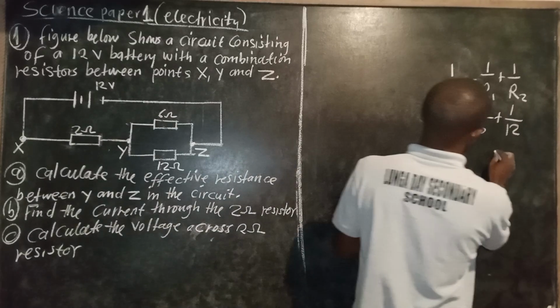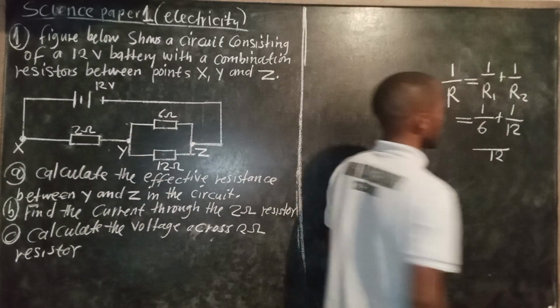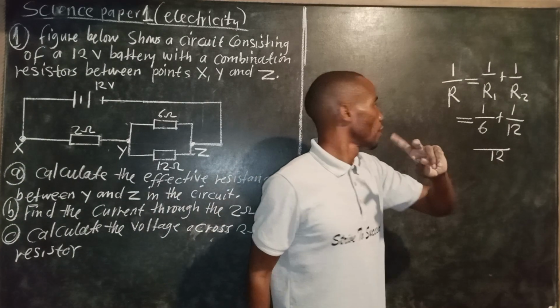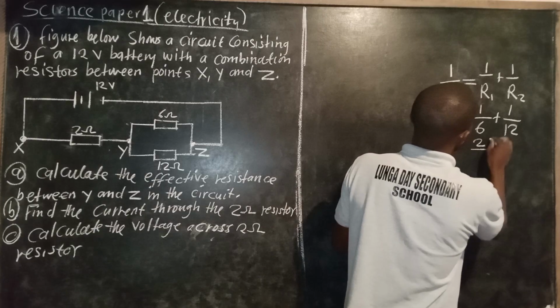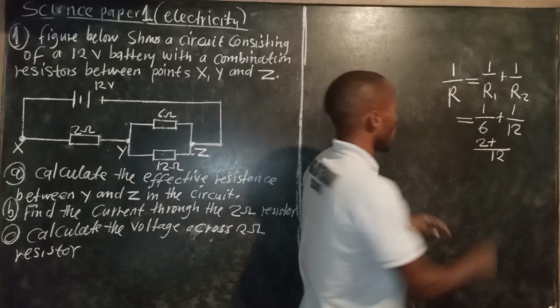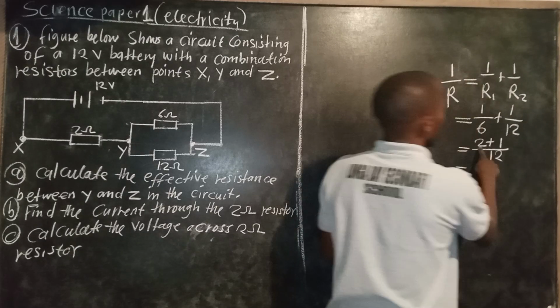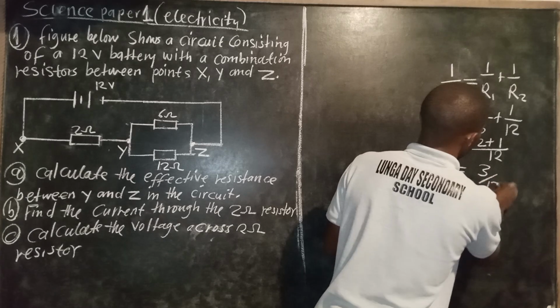So for that reason, we are going to look for a common what? Denominator, in this case, which is 12. So 6 into 12 is 2. 2 times 1 on top, we are going to have 2. Then plus 12 into 12, 1. 1 times 1, we are going to have 1. Then from there, we say 2 plus 1, the answer is 3 over 12.